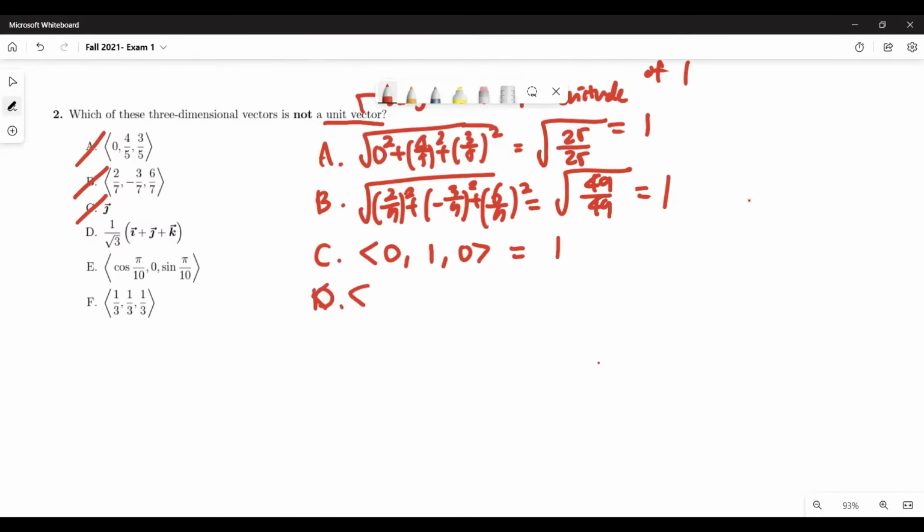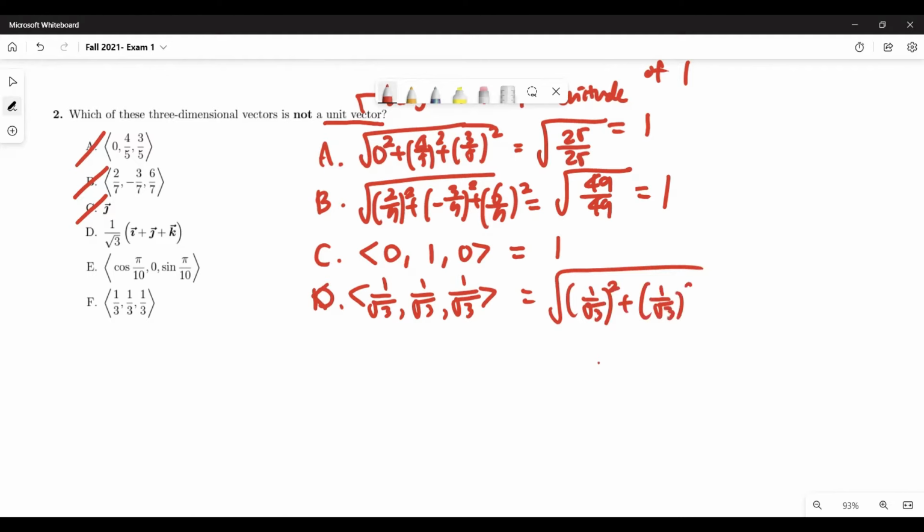D can be written as (1/√3, 1/√3, 1/√3). So if you take the square root of (1/√3) squared plus (1/√3) squared plus (1/√3) squared, then it will give you the square root of 3/3, which is 1. So it's not D. So E is (cos π/10, 0, sin π/10).